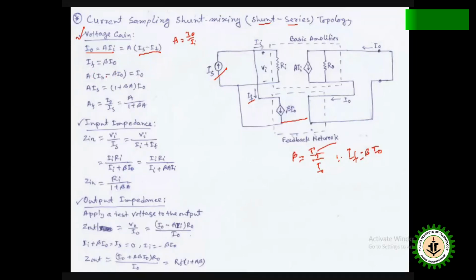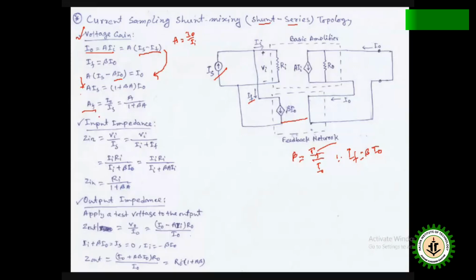So we put IF in this equation, that is A (IS minus beta I naught). To simplify these equations, we write I naught is equal to A IS divided by 1 plus beta A. So this is the gain of the feedback amplifier.